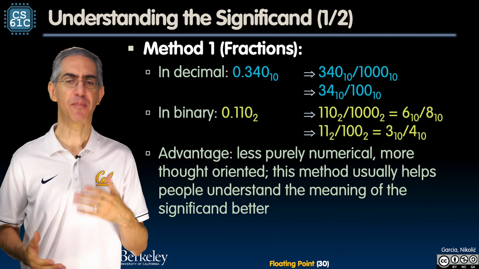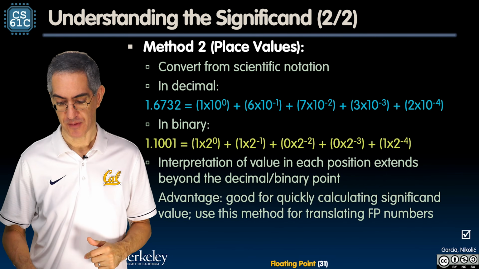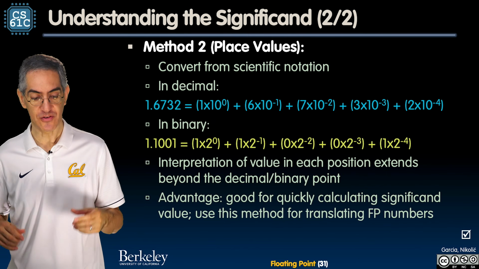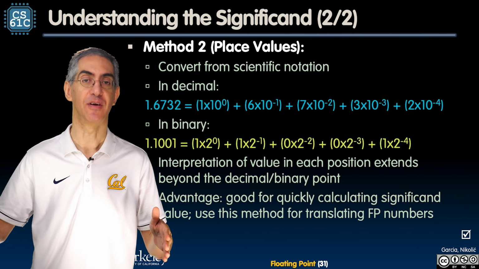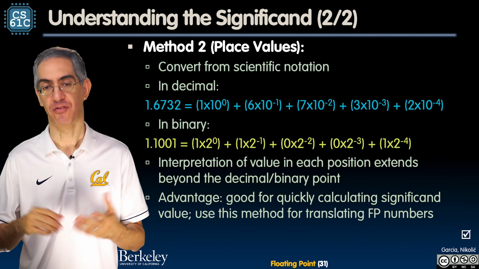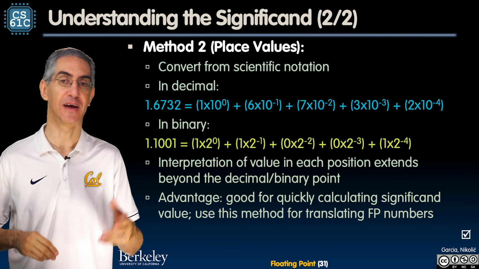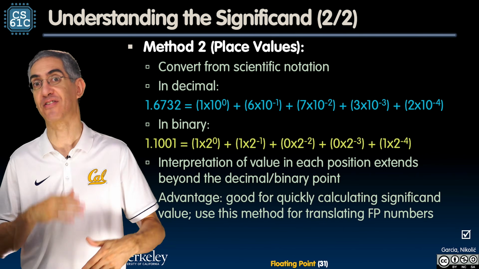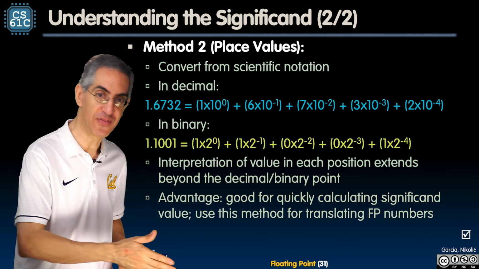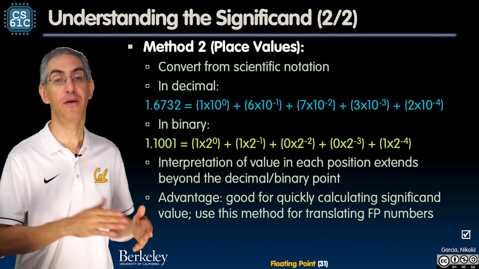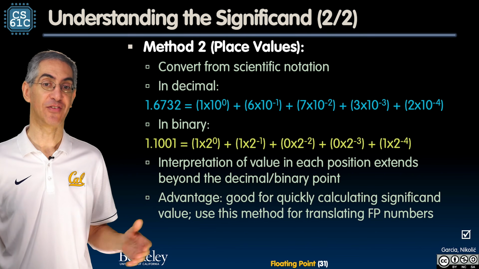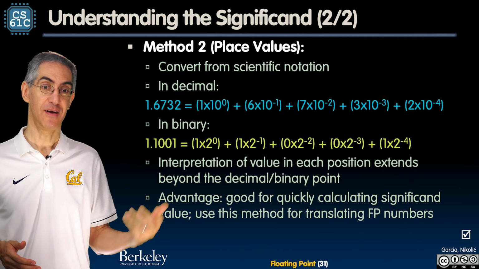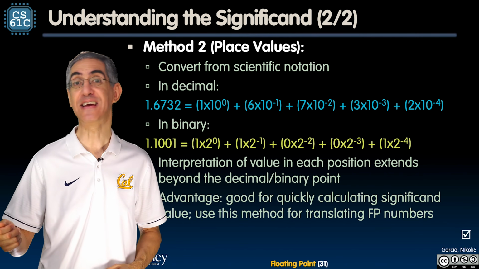So this is nice, people like this way of thinking about the significand. There's another way of doing it, which is you just add up the pieces. We saw add up the place values. If I have 1.6732, it's really like 1 ones, 6 tenths, 7 hundredths, etc. So 1.1001 is another way of saying it. Well, I have 1, 1/2 and 1/16.